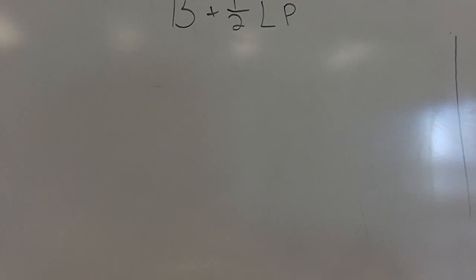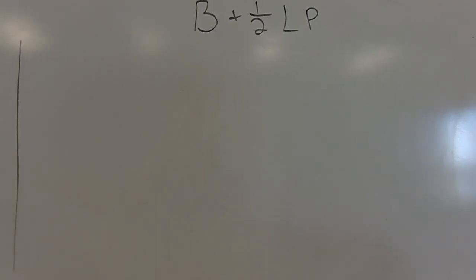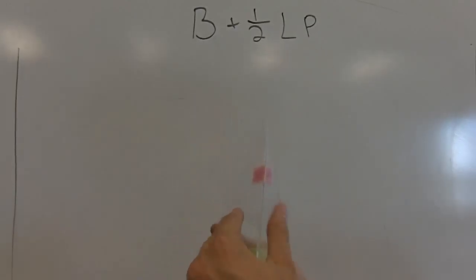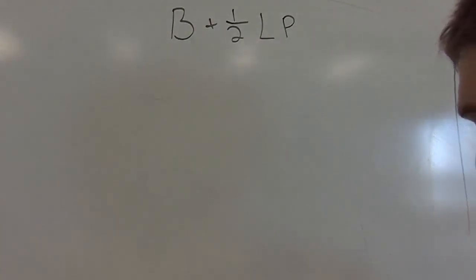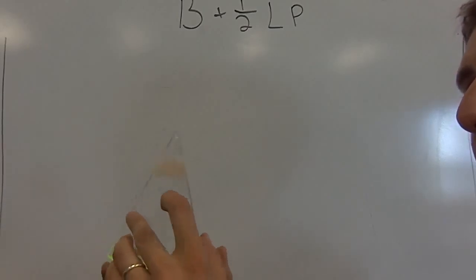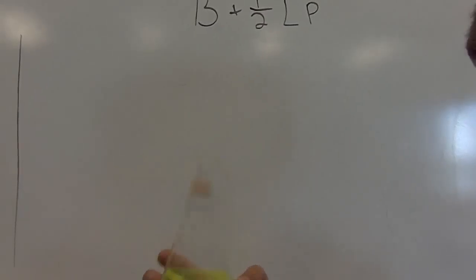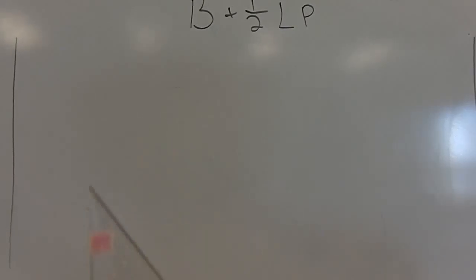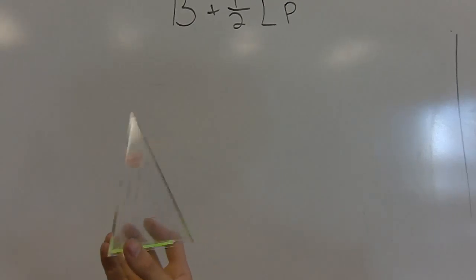Whether you have 8 surfaces or 3 surfaces, this right here will find the area of all these surfaces. What you're going to notice is no matter what kind of pyramid you have, the lateral area is always composed of triangles. Triangles. And more triangles. Always, always, always.